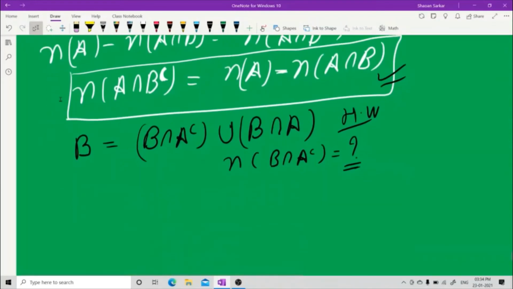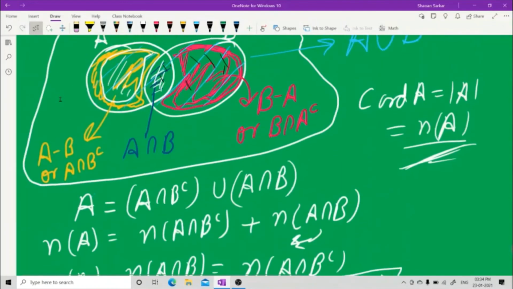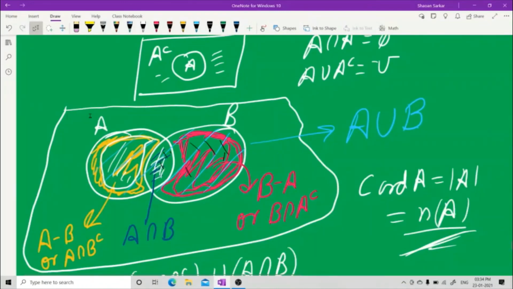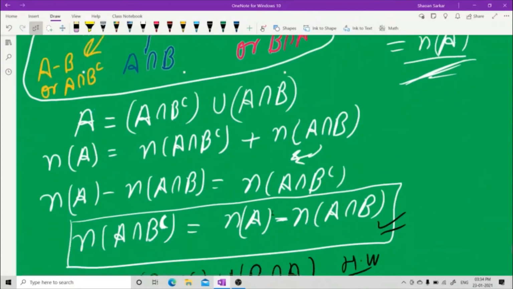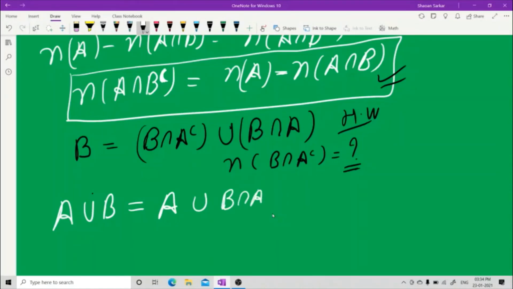Now let us use the same picture, this picture I'm talking about, and then see what happens. Here I can write A union B is equal to A union B intersection A complement.